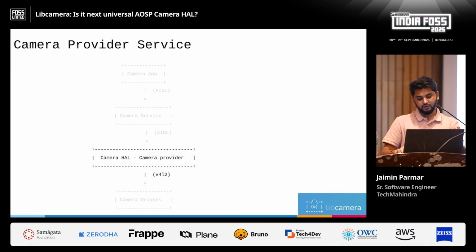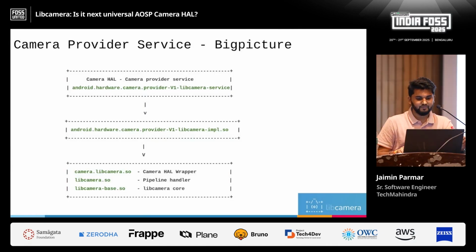Okay, now we will go to the camera provider. This is the big picture of the camera provider. This is the AIDL implementation of the camera provider. I just want to show the libraries only. In the camera provider, you have one camera service which will be started by the init.rc init process only. And let's see, if you don't have the Libcamera, the full implementation will be done in the .implementation.so file.